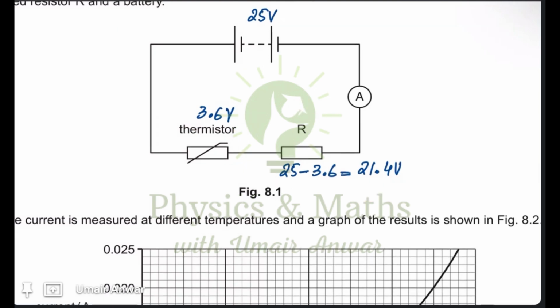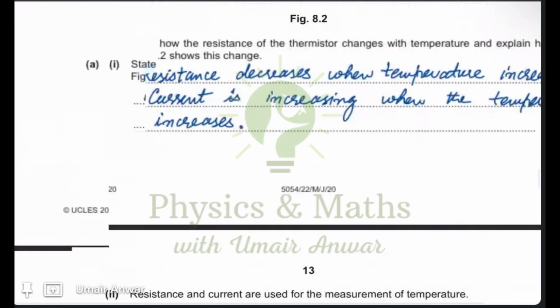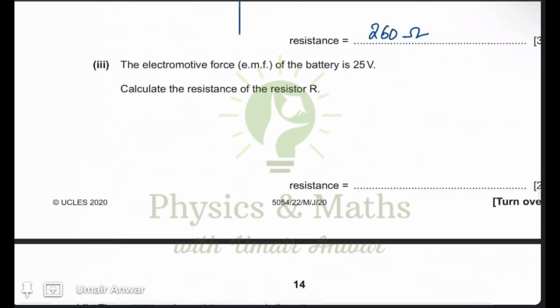Similarly, it is a series circuit, so the current through all of the circuit is going to remain the same. And from the previous part, we know that the current was 0.014 amperes. So the same current is going to flow through the circuit. So I'm noting down the two values, that the voltage for the resistor R is 21.4 volts and the current is 0.014 amperes.